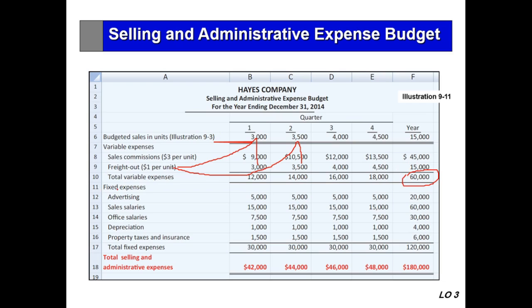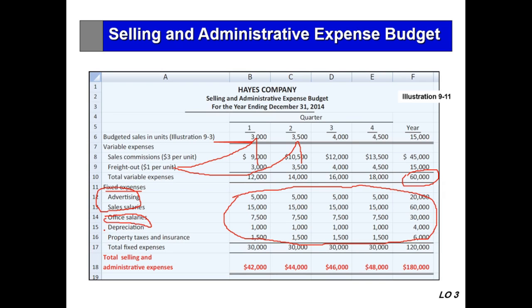Fixed expenses are given in the question. We assume that these figures, these amounts, are given in the question. Then we have the fixed expenses: advertising 5,000 for every quarter, 20,000 for the year; sales salaries 15,000, 50,000, and 60,000 for the year. Office salaries: these are for selling expenses, and these are for administrative.